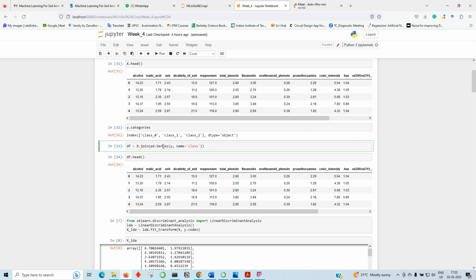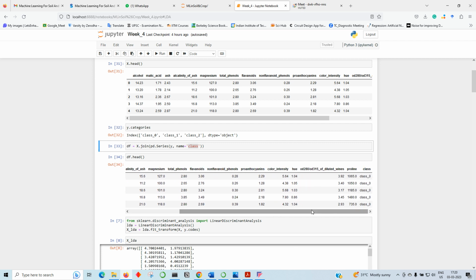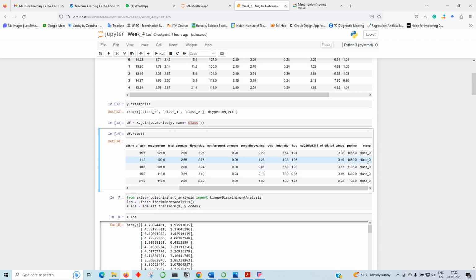So we added the category y, and we named the feature class. So it should be at the end of this. You can see we have added the new feature, that is class 0, and there are class 1 and 2.